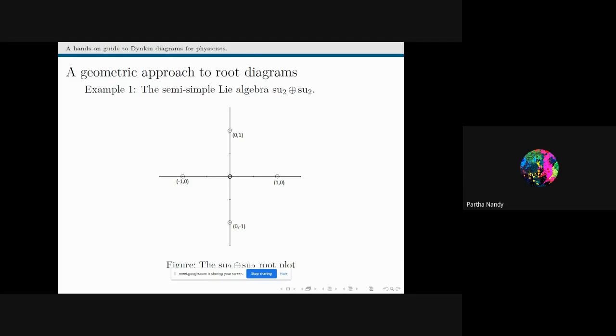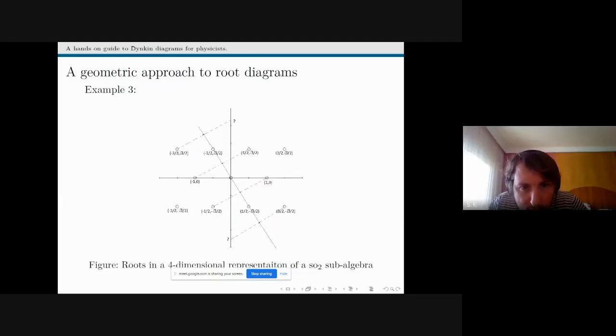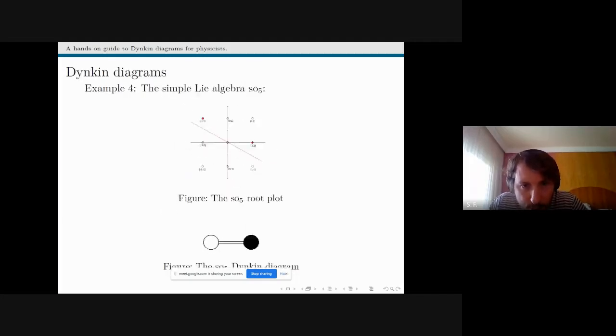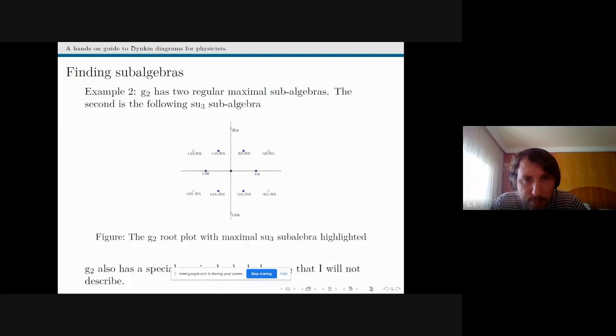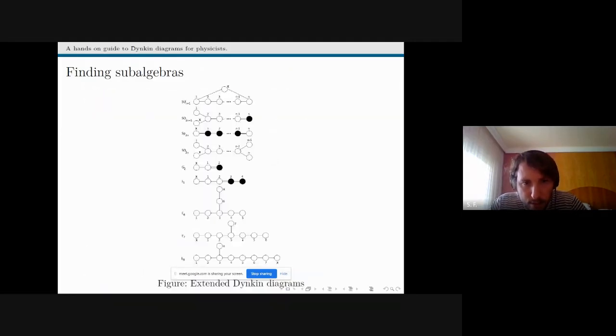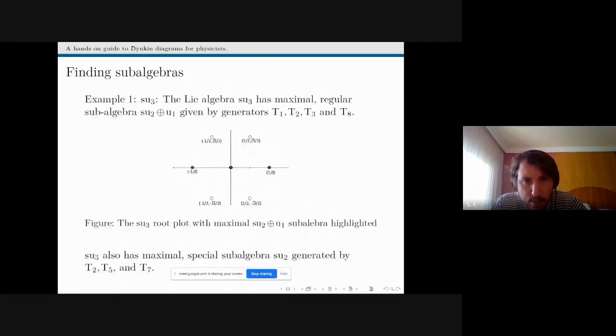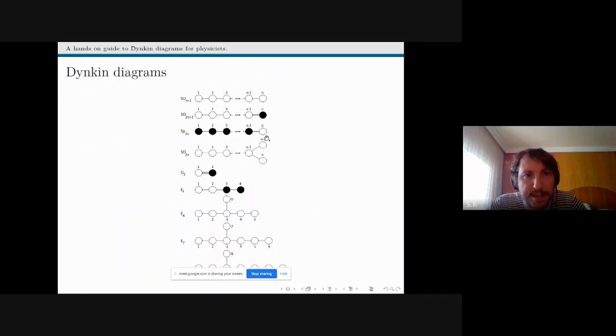Am I correct? Let me have a look at that. We can read that off the Dynkin diagrams here. So SO4, where are you? Okay, so SO4, we can come down and have a look. SO4 will have two roots.